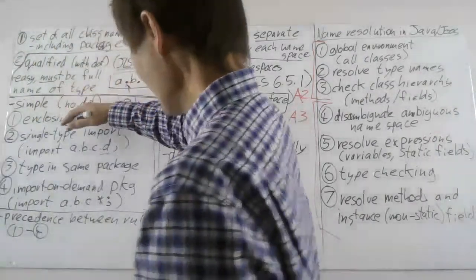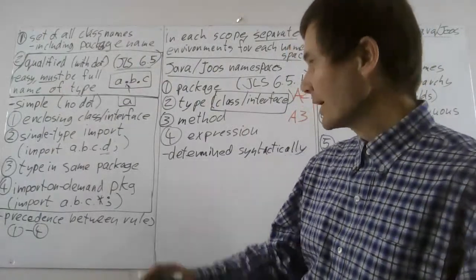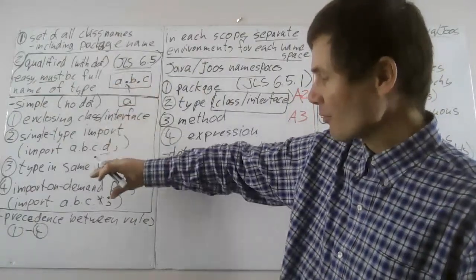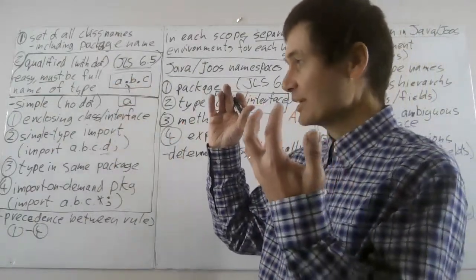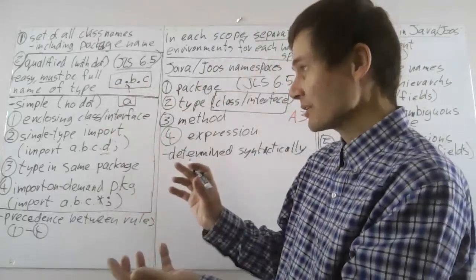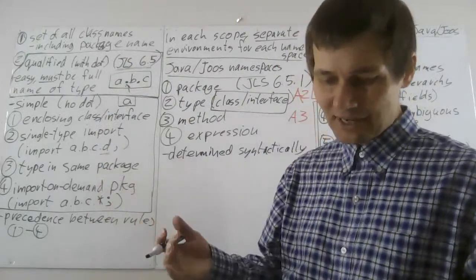So you take the first one that works, but within one of these 4 rules, it has to be unambiguous, right? So if there's any ambiguity within one of these, then that's an error.